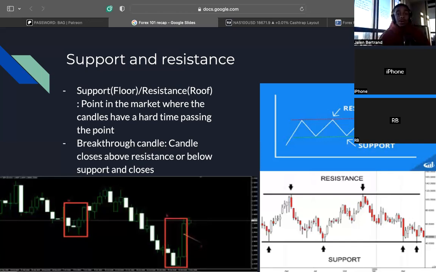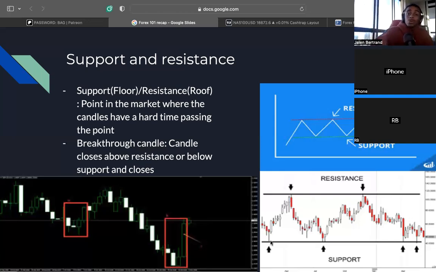When I bounce the ball, the floor is supporting it. So if I bounce the ball, it's going to come back up. So essentially, I'm buying at support, because if the ball is bouncing up, and when we buy, we expect price to go up, we want to buy at support. Resistance is the roof.